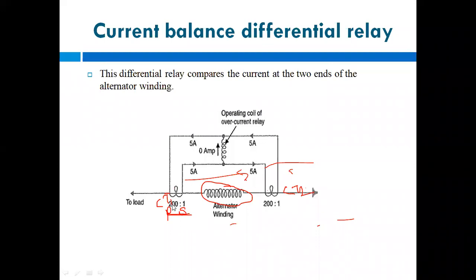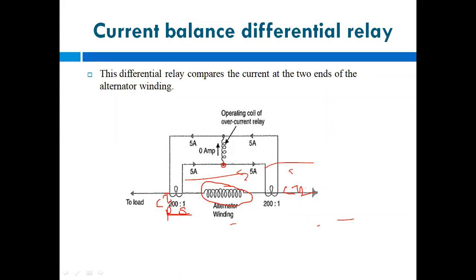If we consider this as CT1, then the current flowing through the circuit is 5 ampere. At this node, there is no drop in the current, and no increase either.